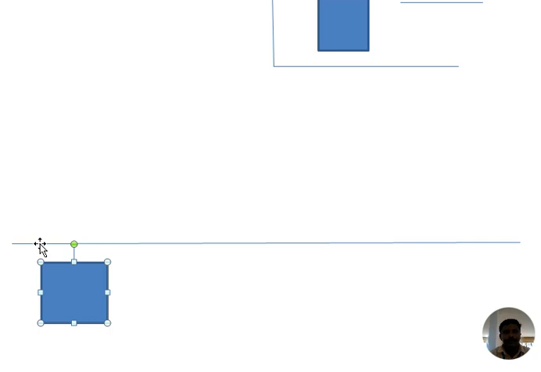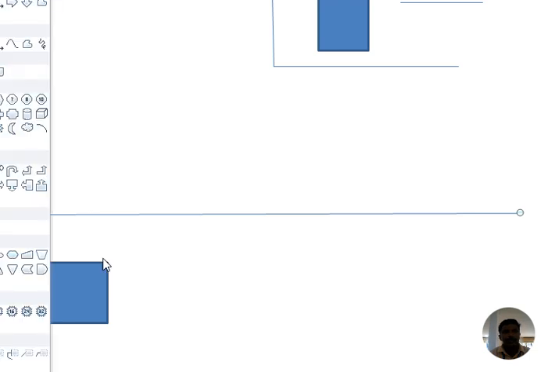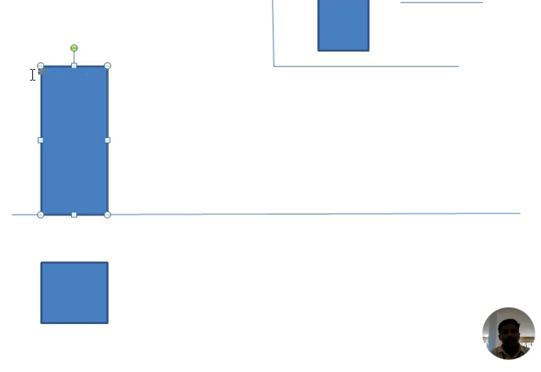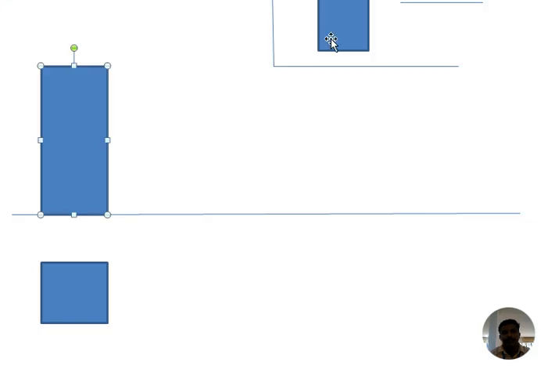Clear? Then draw the rectangular face on the horizontal plane with the axis, it means the height, and each side of the square is 30 mm.